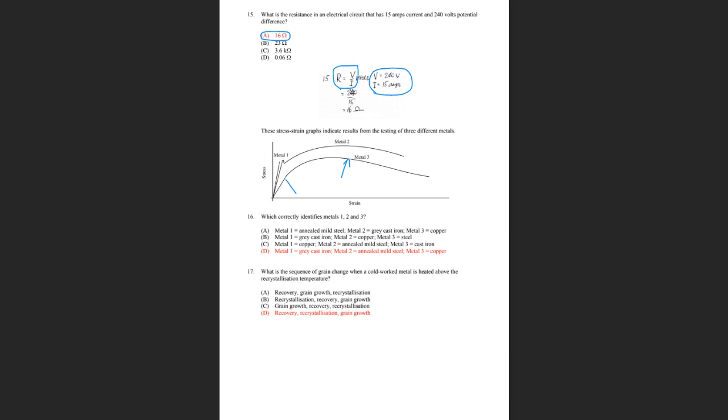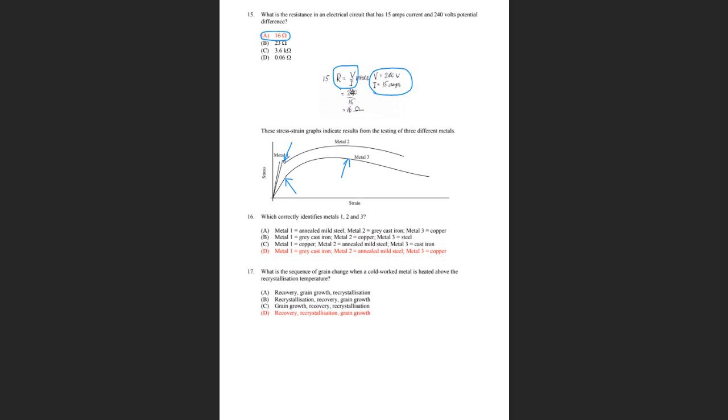You can see that this particular metal is leaning over a lot, so its Young's modulus would be quite small. This metal here is a giveaway because it's got an upper and lower yield point, so that is definitely mild steel, low carbon mild steel.